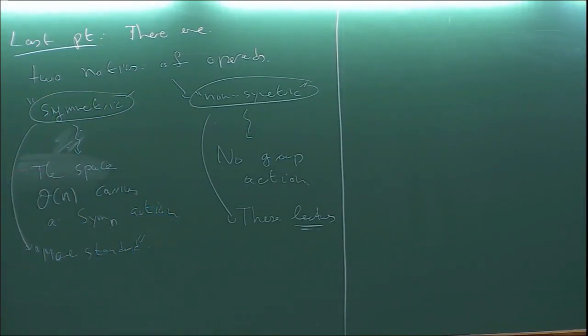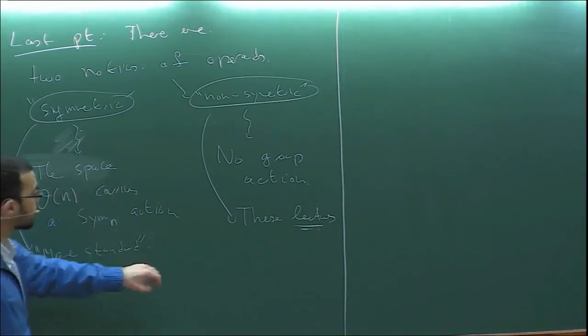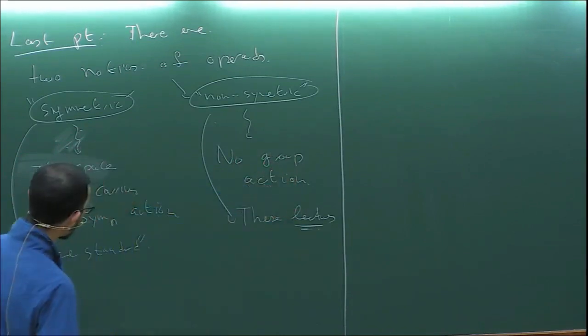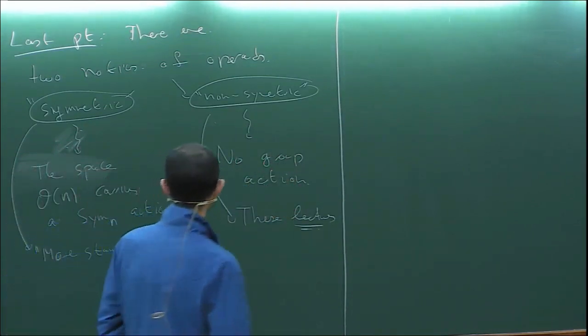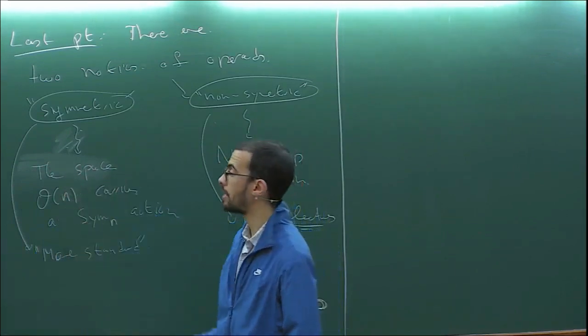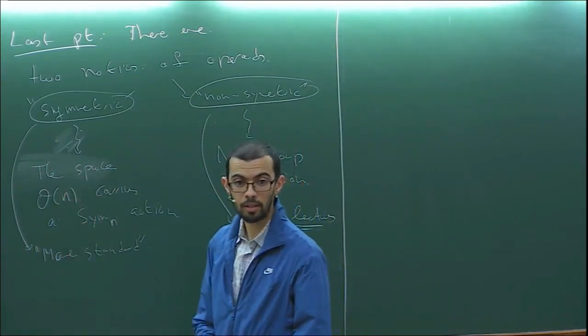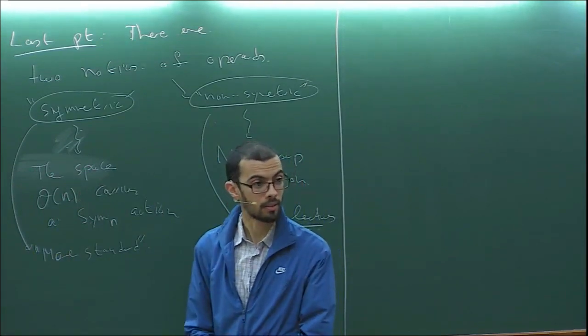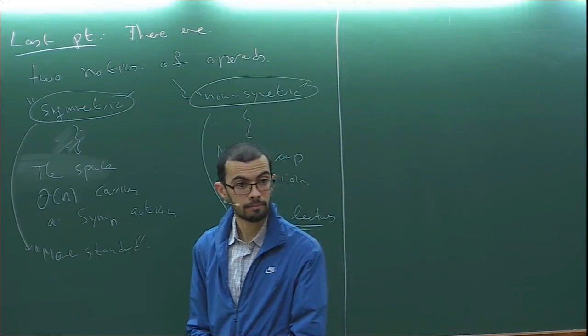There are advantages to both. I mean, the theory works out better here, and the examples are less complicated there. But maybe the honest answer is that this theory of symmetric operads is needed when you start thinking about commutativity. And we are not going to be thinking about commutativity here. So therefore, we don't need it.